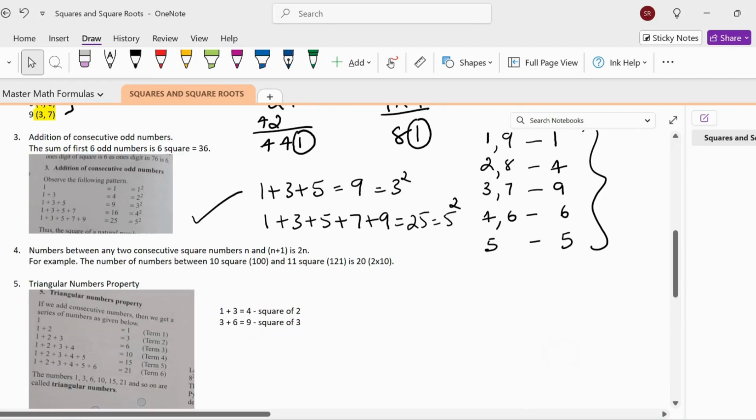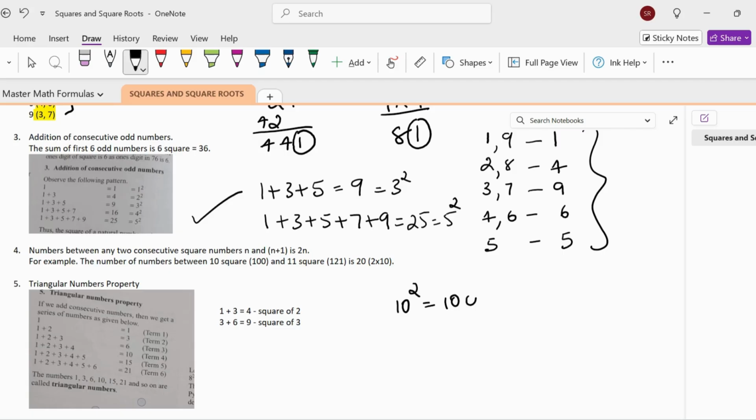Now the fourth property. The number of numbers between any two consecutive square numbers n squared and n plus 1 squared is 2n. For example, what is 10 square? 100. And what is 11 square? 121. So the number of numbers between 121 and 100 is 20.